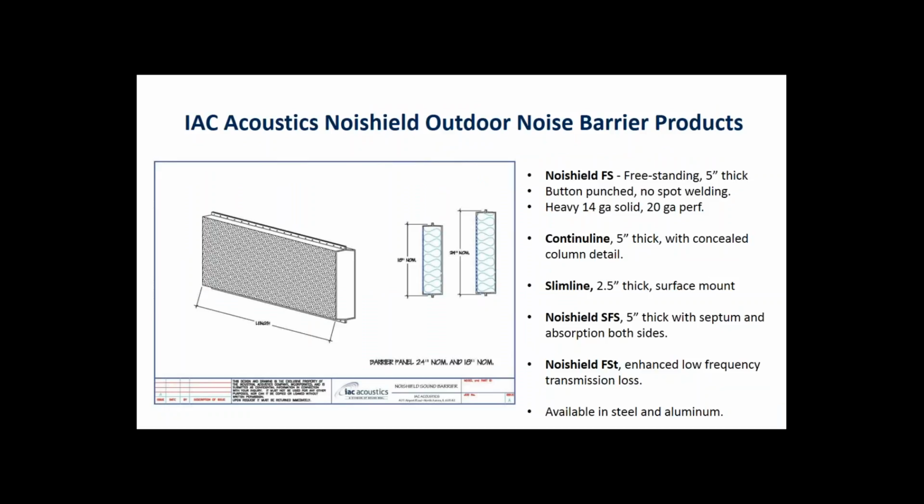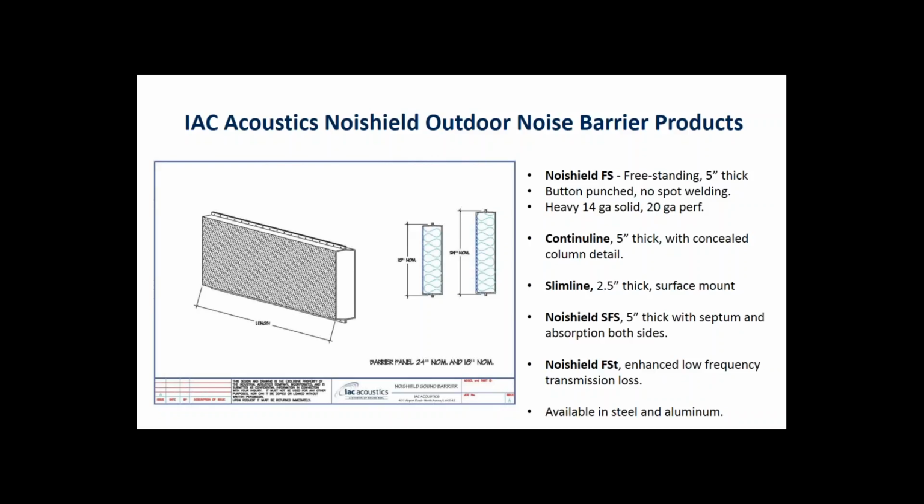IAC's most commonly used panel, the Noise Shield FS, is a 5-inch thick panel constructed with a solid 14-gauge material facing the receiver and a 20-gauge perf side facing the source. We also offer a special detail, the Continue line, which has the same 5-inch thickness, but it allows for a completely concealed column detail and a very, very nice architectural appearance.